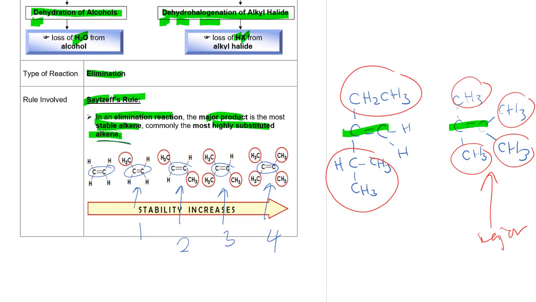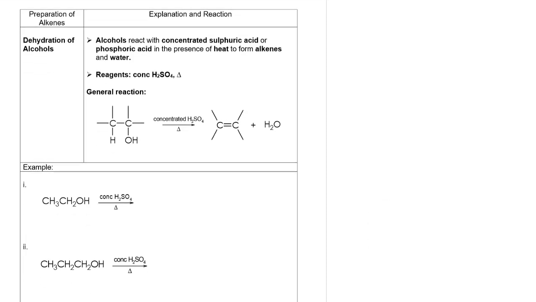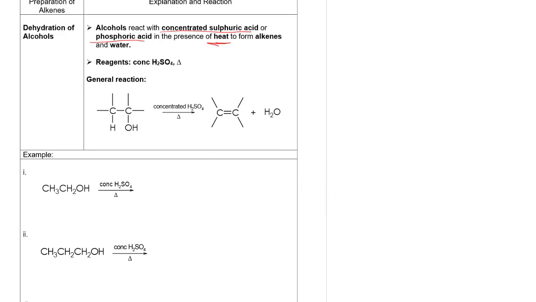So we look at dehydration of alcohol first. In dehydration of alcohol, the alcohol reacts with concentrated sulfuric or phosphoric acid. It must be concentrated, in the presence of heat, to form alkene, and water is the byproduct, the side product.